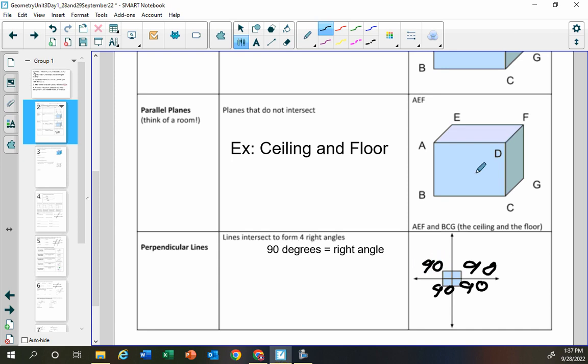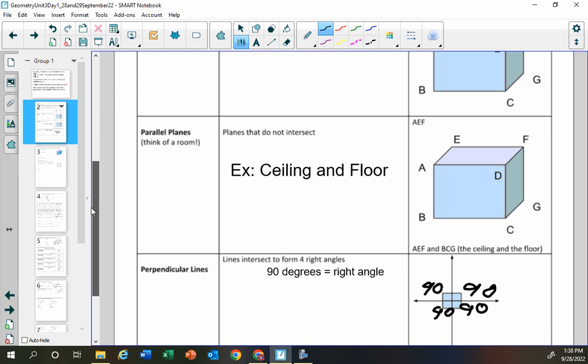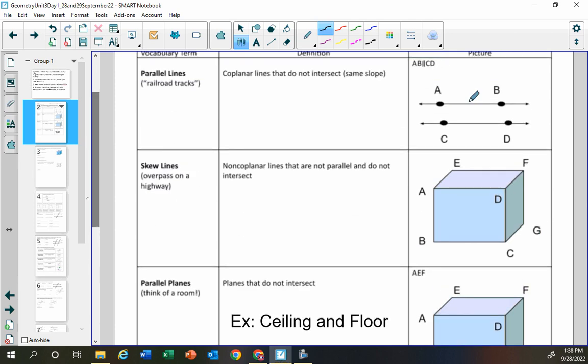Questions up to this point? Those are the only things I really want to talk about on this page. And the one that we're going to talk about the most is this guy today.